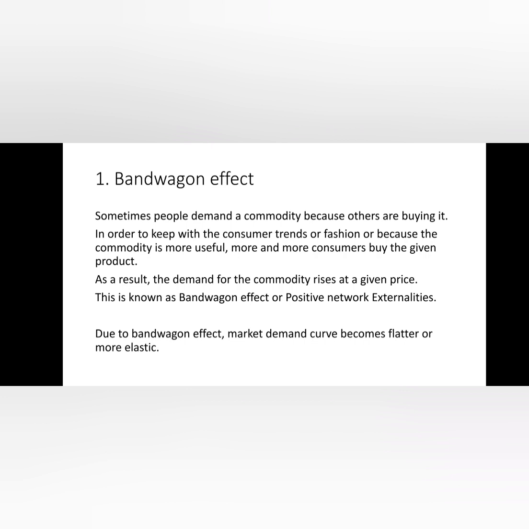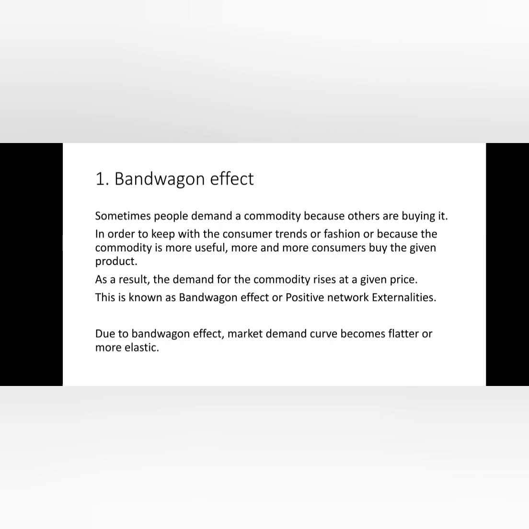In the next part we can also see the diagram. As per the diagram, we can say that due to the bandwagon effect, the market demand curve becomes flatter or more elastic. It totally depends on consumer to consumer, so that trends or fashions can become successful in the market. They can also buy at a reasonable price.